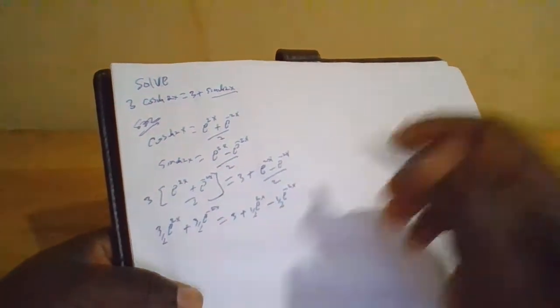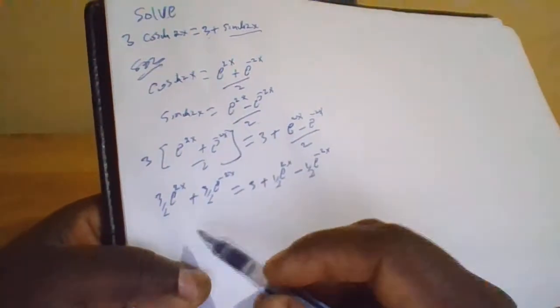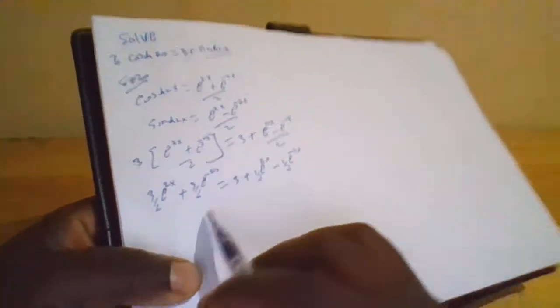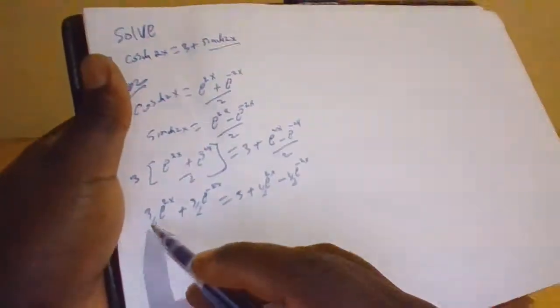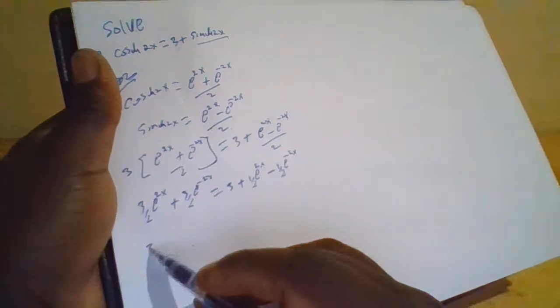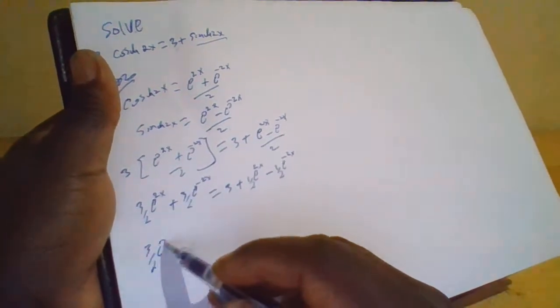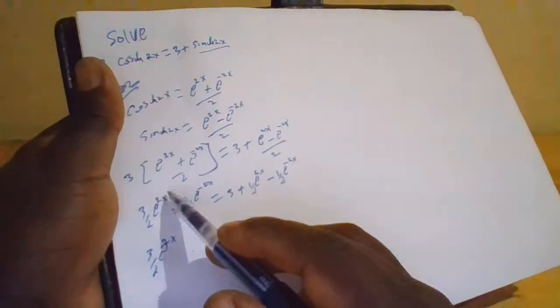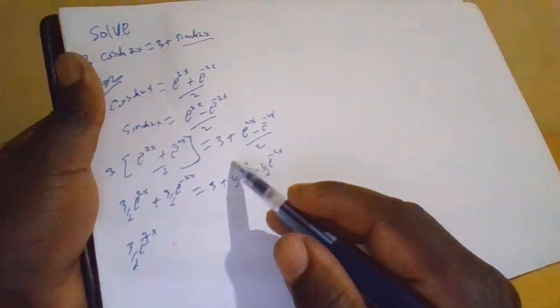Now we shall group like terms. We can have this as 3 over 2 e^(2x). So this is a like term with this one.